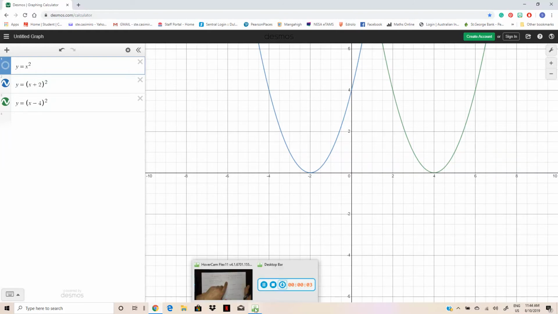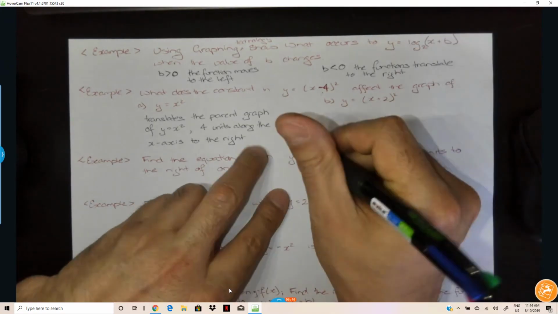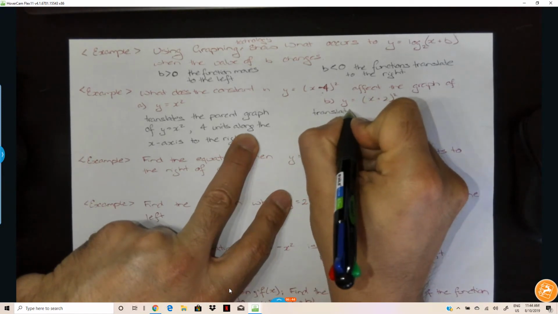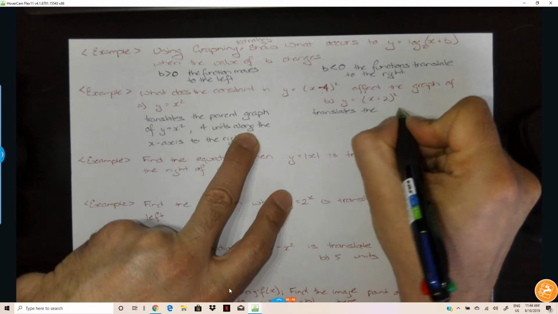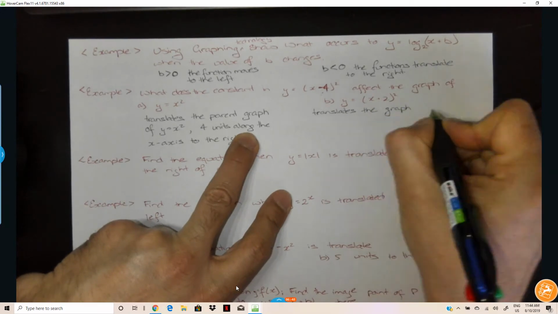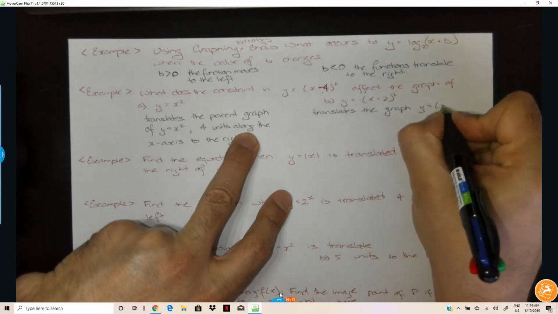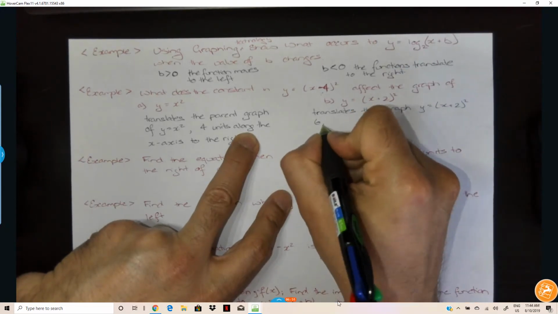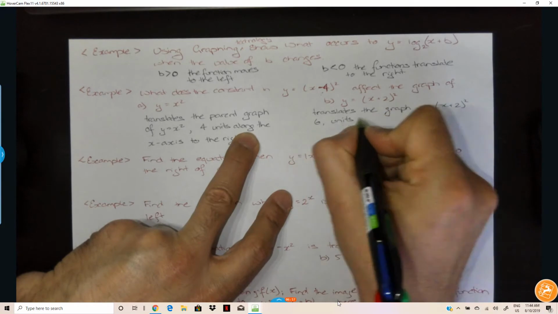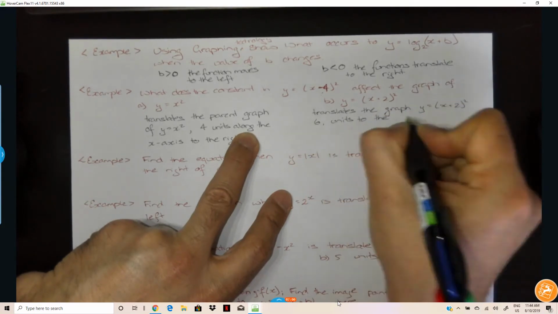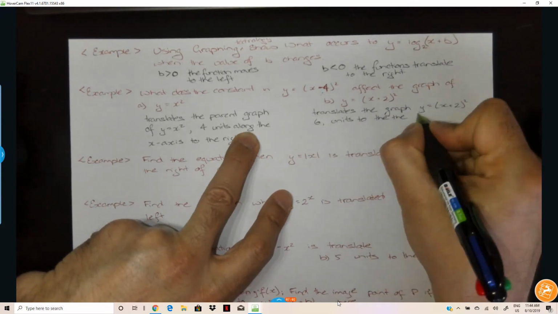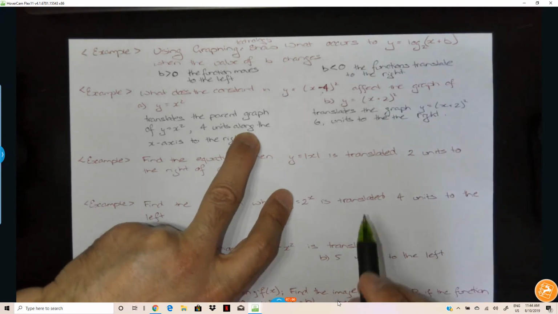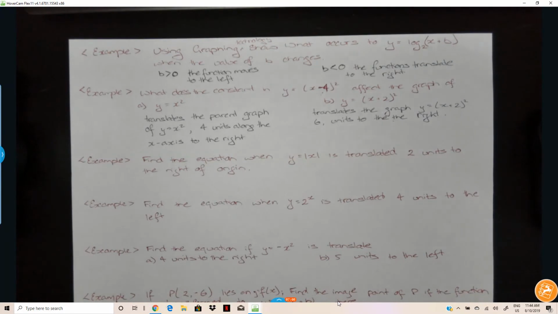So it translates the function y equals x plus 2, 6 units to the right. There's a 6 unit gap between those.